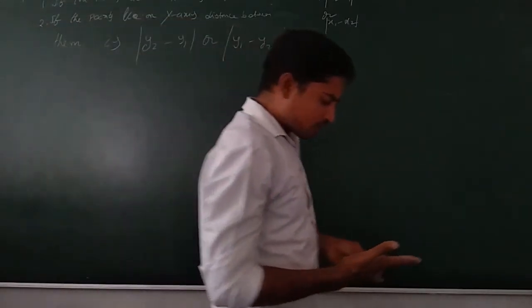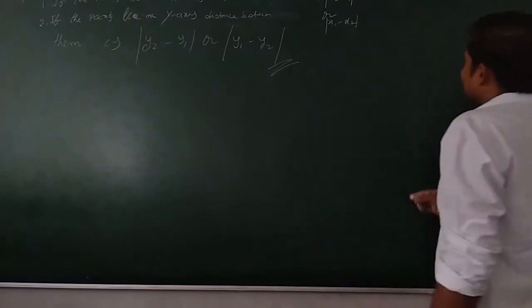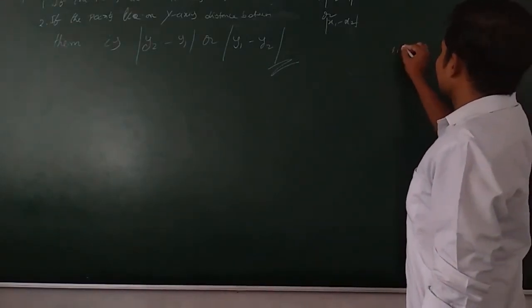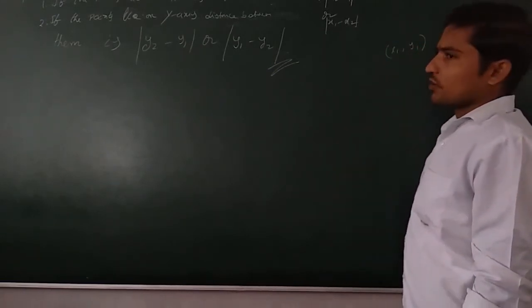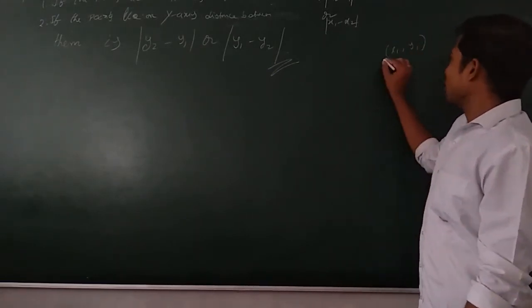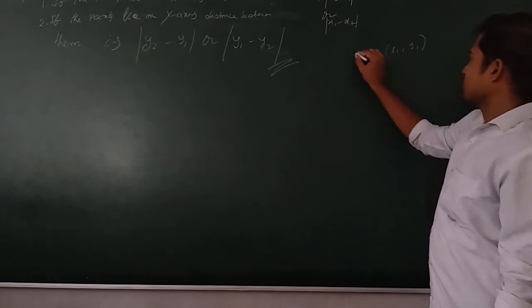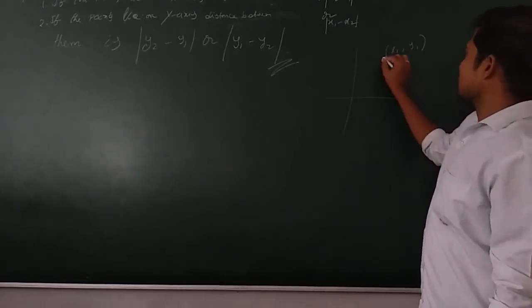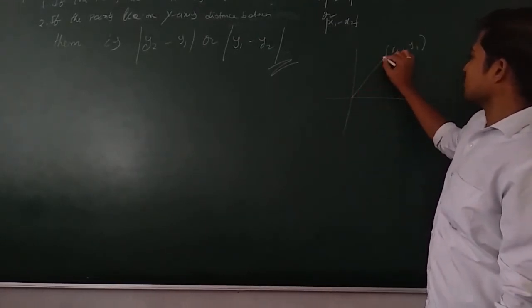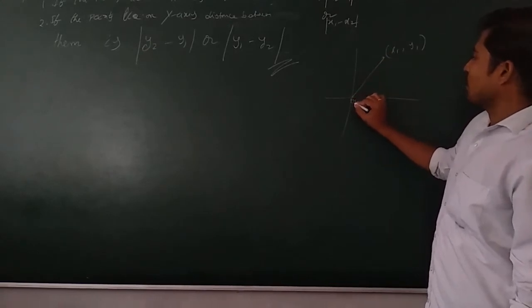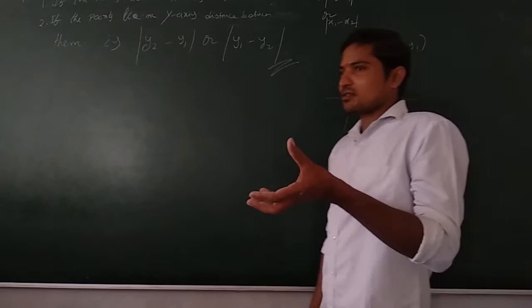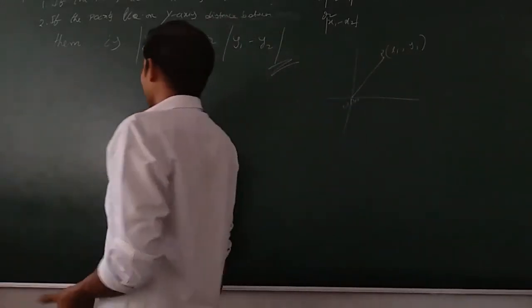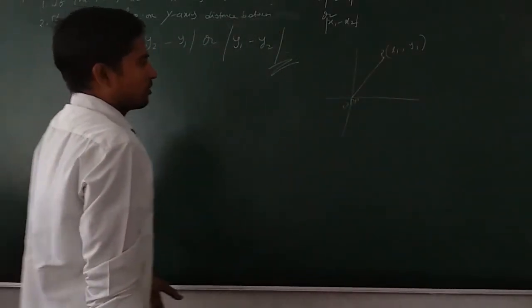Suppose a point (x1, y1) from the origin, on the x-axis and y-axis. The origin is (0, 0). What is the distance OP?